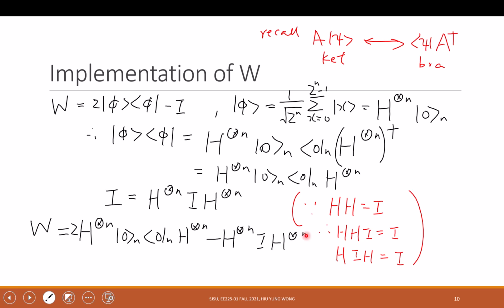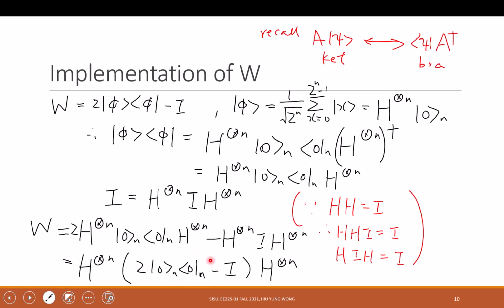What I'm doing is just substitute this I to here and this to here. So as a result, I will get H outside, 2, 0, 0, minus I, and then H outside. So basically, I only need to implement these gates and then put Hadamard gates at the beginning and at the end. Then I will get the W.